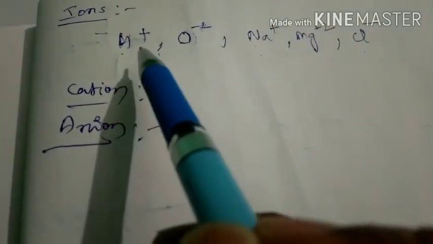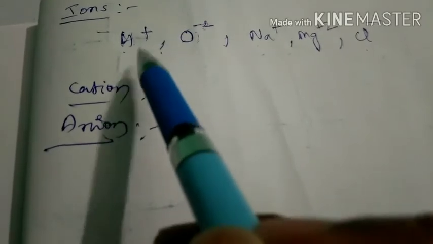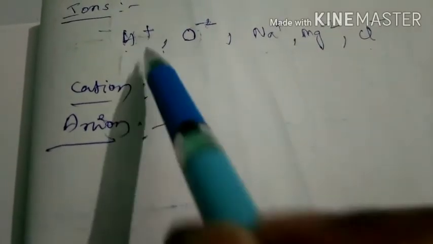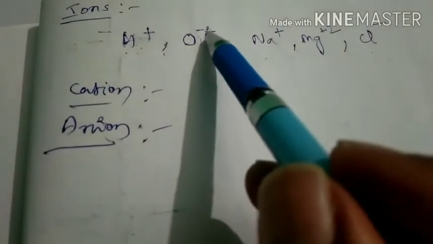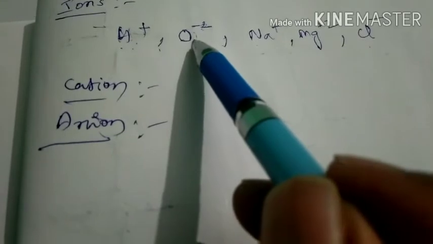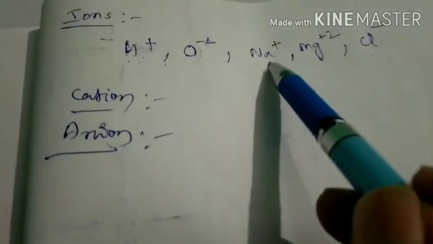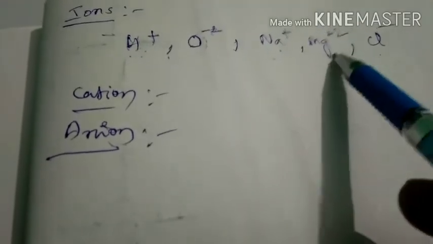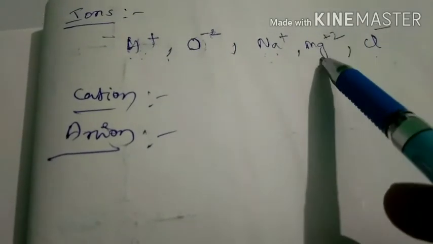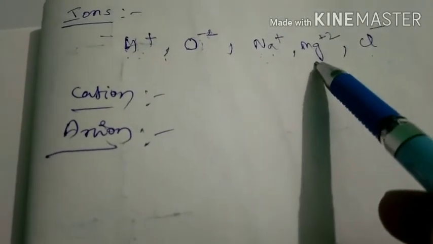If the ion contains positive charge, that is called cation. Suppose H plus, positive charge, so it is a cation. O minus 2, here negative charge, so it is not a cation. But Na plus, positive charge, is also a cation. Mg plus 2, positive charge, is also called a cation.